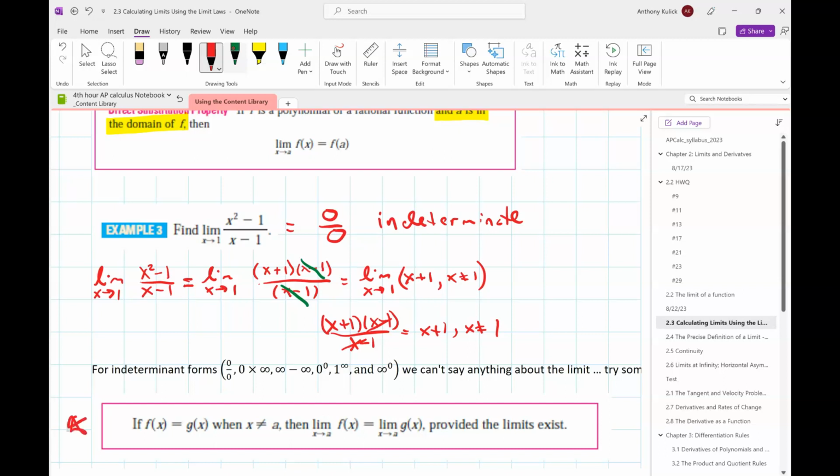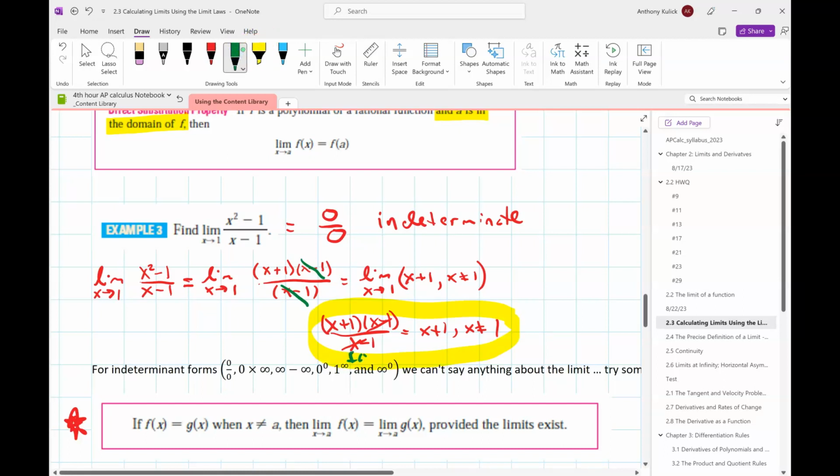But let's look at this new theorem that we're giving here. It says if f of x is equal to g of x for every place except at a, then the limit of f of x is equal to the limit of g of x, provided that limit exists. Think about that for a second. What do we have here?